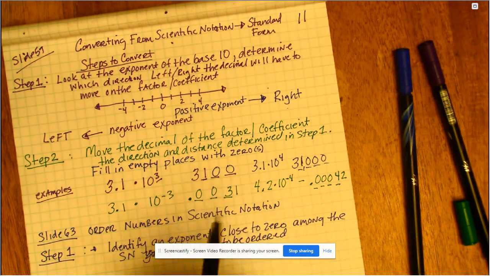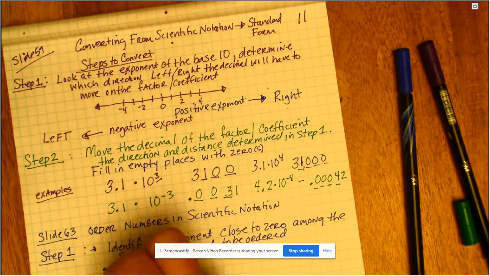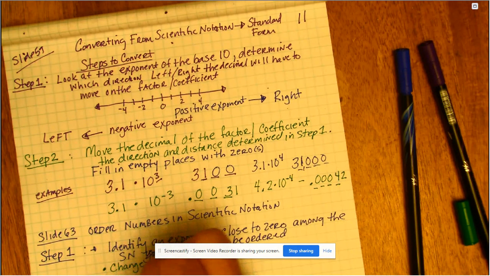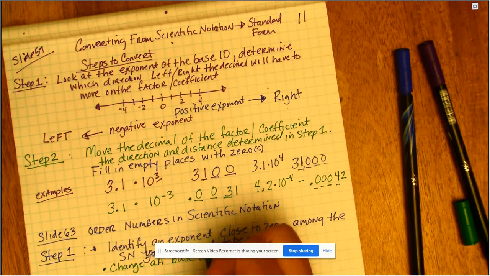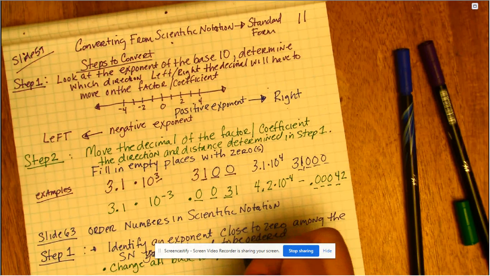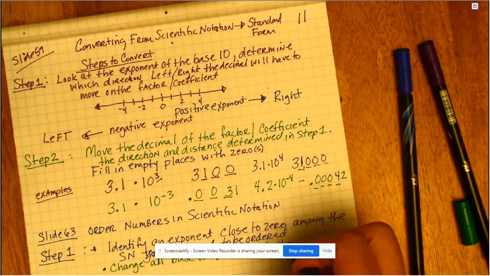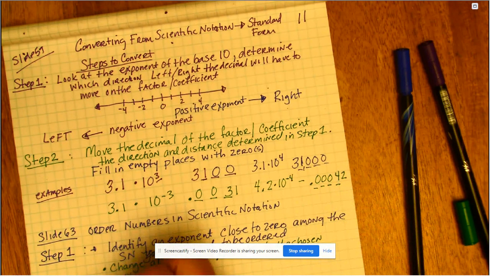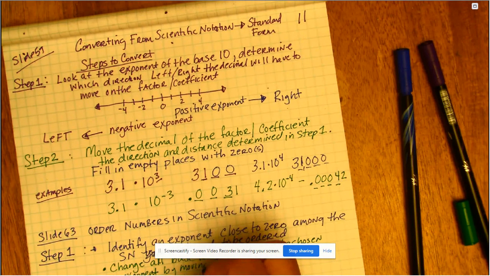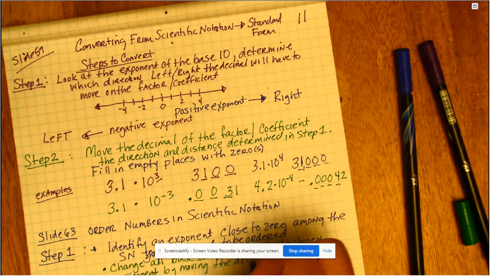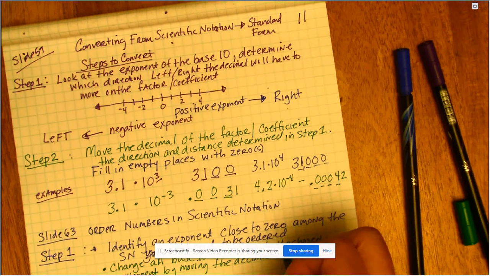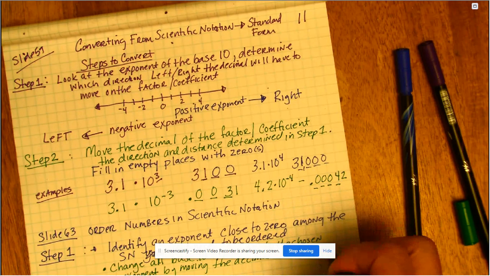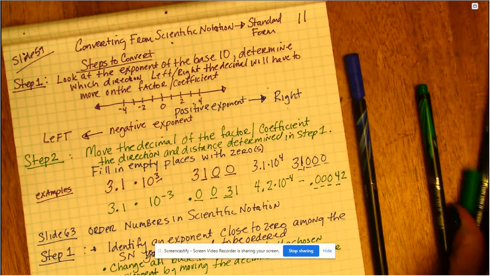And in this step, the reason why we do that is we're going to change all base 10 exponents to the chosen exponent by moving the decimal of the factor. Okay, so what does that mean?